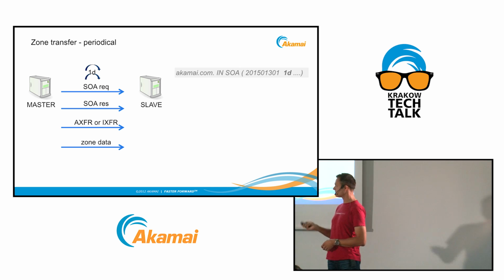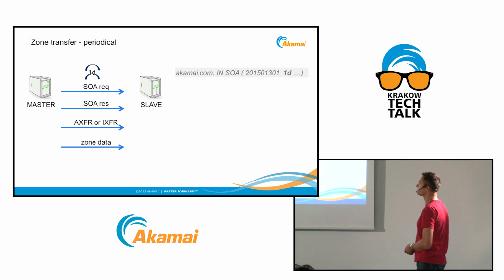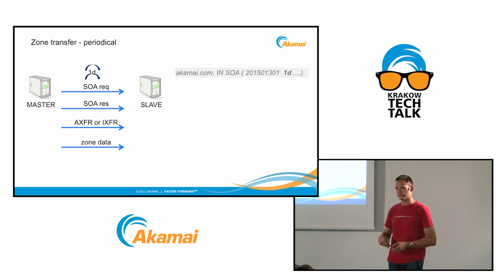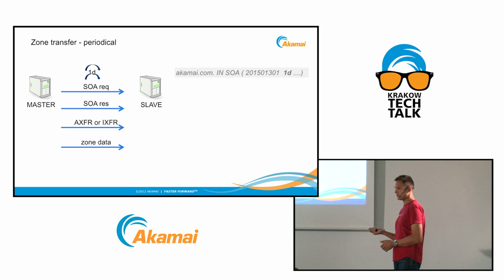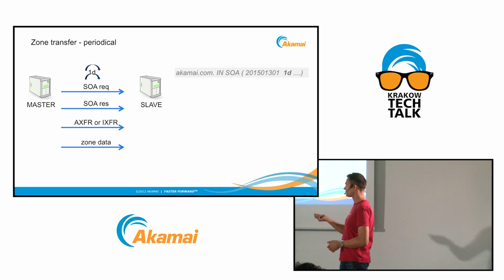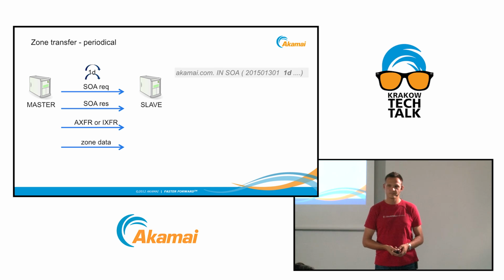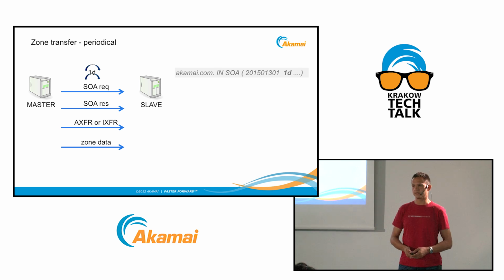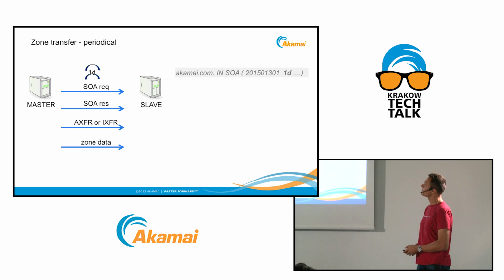Each day he is asking for the SOA record to get the serial number. He's getting the response back. In between, he's comparing serial numbers to see if something was changed or not. And if something was changed, the same process follows: full or incremental zone transfer. He's getting some data from master, applying it, and it works like that.